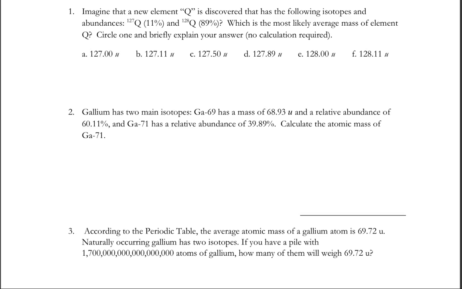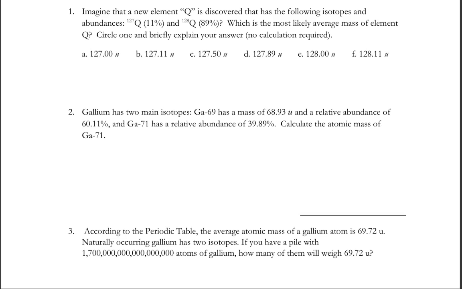And we're told in this problem that gallium has two isotopes, gallium-69 and gallium-71. We're told what the mass of gallium-69 is. We're told what the abundances are of the two isotopes.